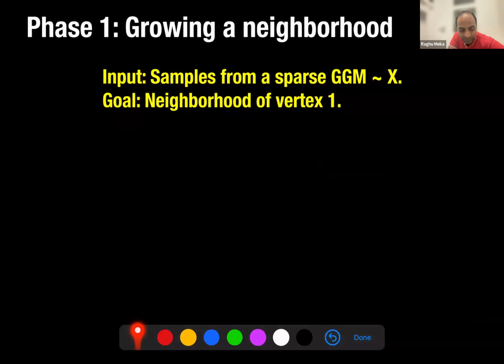So how can I grow a neighborhood? We are getting samples from a sparse GGM X, and our goal is to learn the neighborhood of a single vertex, let's say vertex 1. Any suggestions on which vertices to add as potential neighbors to vertex 1?